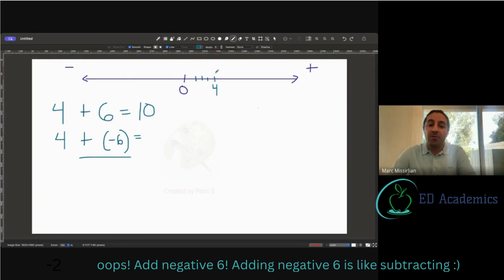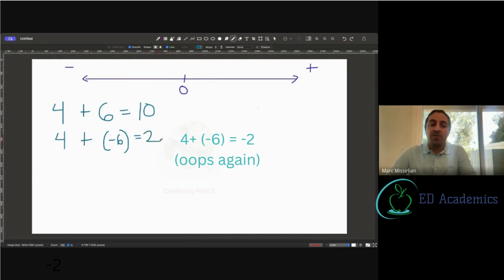So we're going to go 4 steps back towards 0 and then 2 more. So what we'll basically say is 4 plus negative 6 is going to be negative 2.